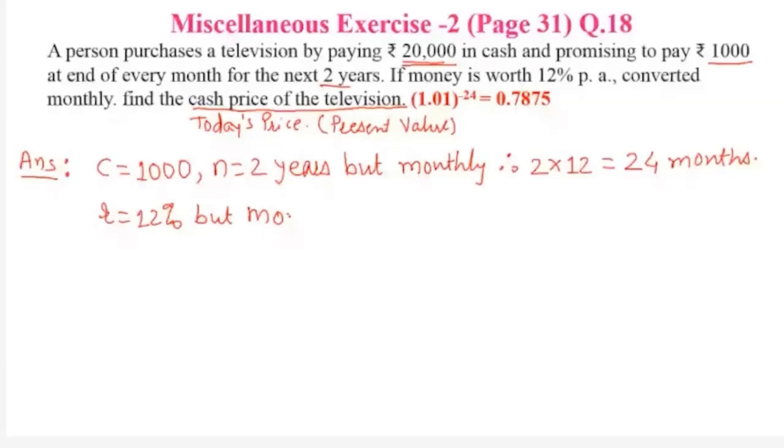But monthly. Therefore 12 upon 12%, that is equal to 1%. Therefore I is equal to 0.01. करेक्ट.